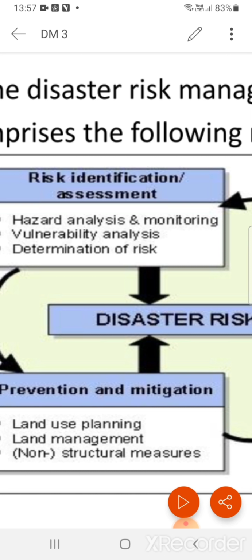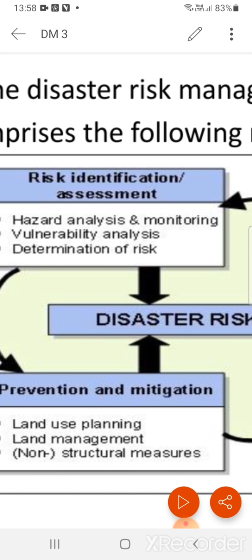Now, all these four elements, like the recovery phase, identification of risk phase, prevention and mitigation, and preparedness phase, are each connected with disaster risk management, and it forms a cycle.